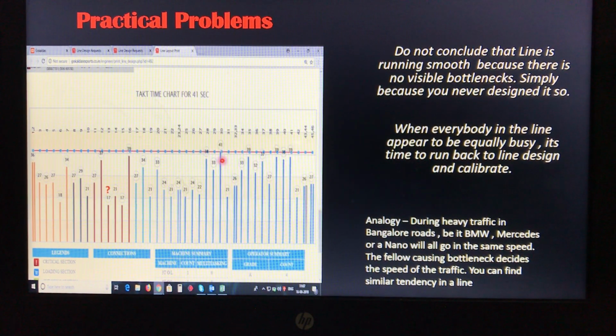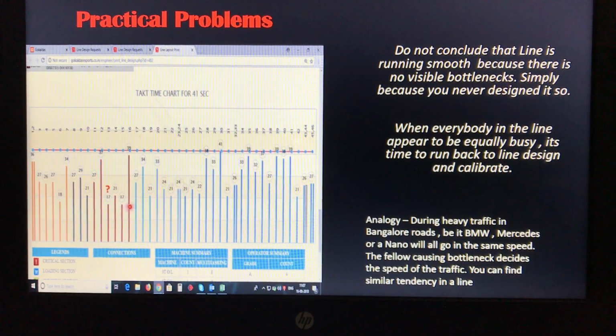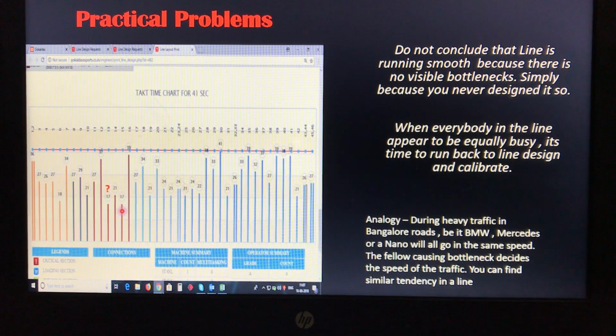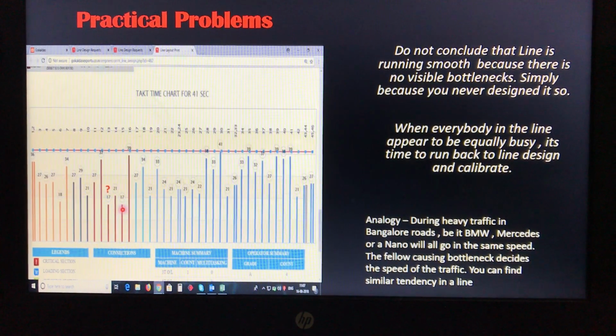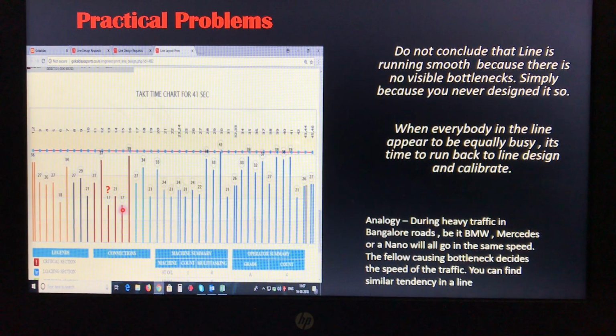They'll have 3 to 5 pieces, and everybody in the line will have some pieces waiting for work. So what is happening? Even though your line design says that this person has less work, even this person is busy in the line, even this person who is supposed to be waiting for work will have some 3 or 5 pieces as WIP.